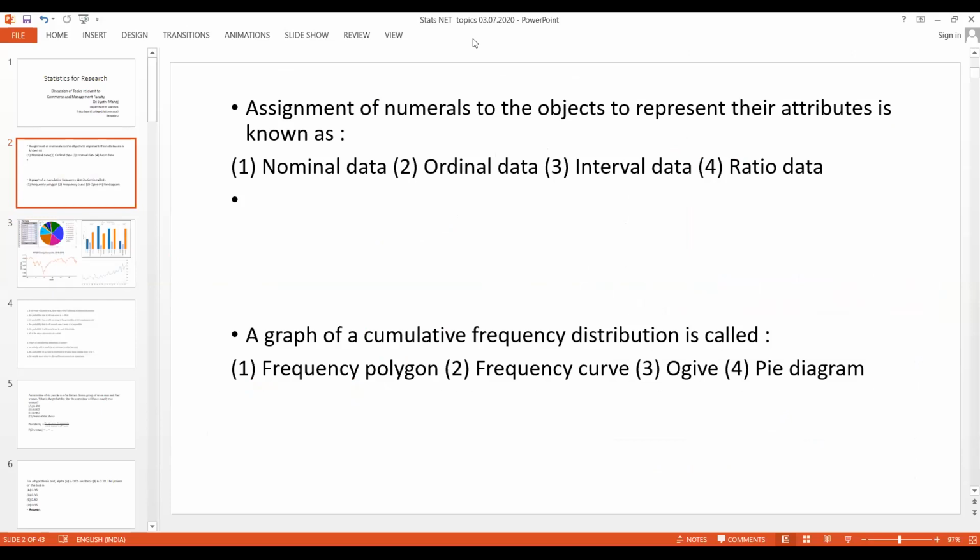When we talk about ogives, a possible question that can come is, what are ogives? I hope you understood what an ogive is. Ogives are cumulative frequency graphs, cumulative frequency curves.